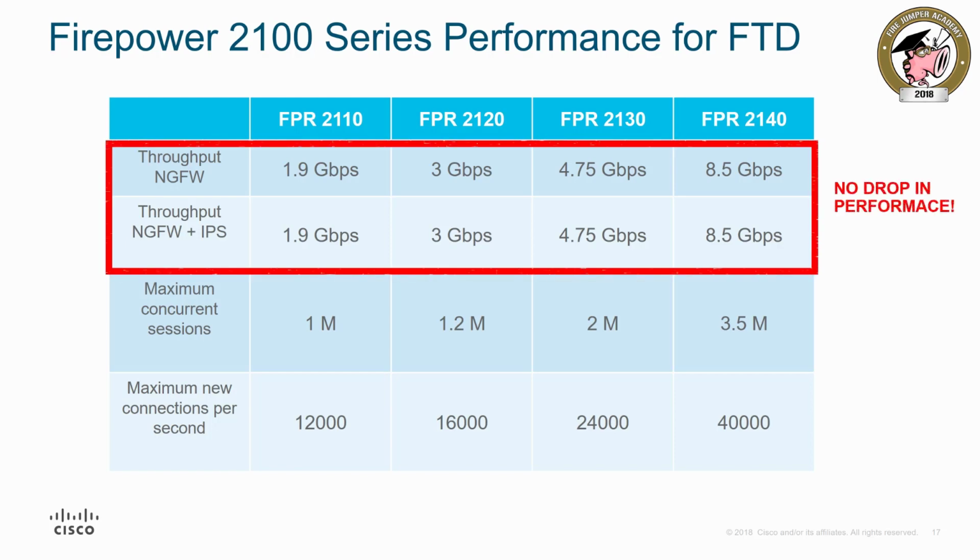You'll notice that there is no degradation on performance when adding IPS. So this is a pretty good story to tell customers there. Normally once you turn on some of the capabilities, you'll see a degradation in performance, but there's no drop in performance in the scenario highlighted there.